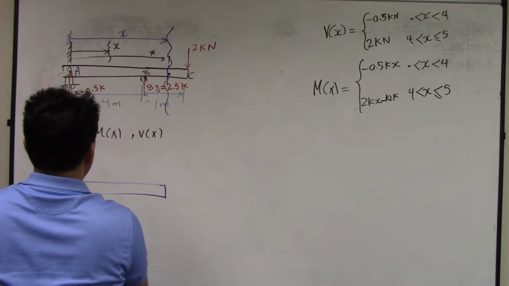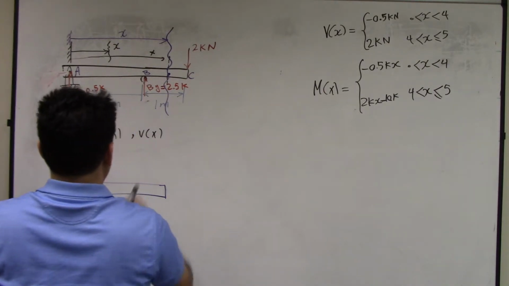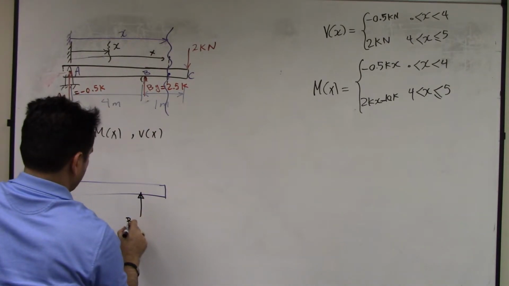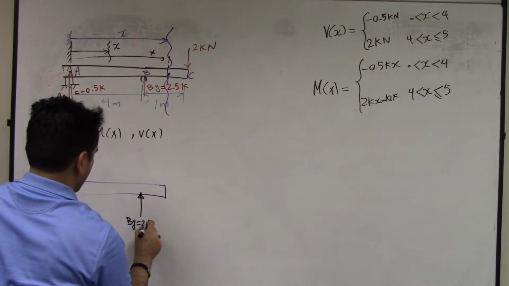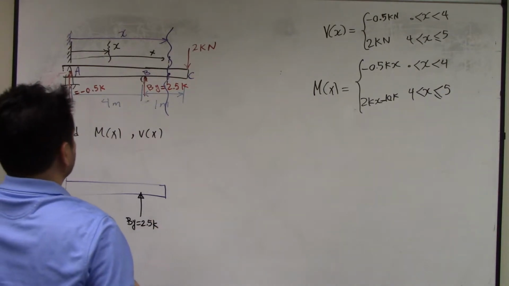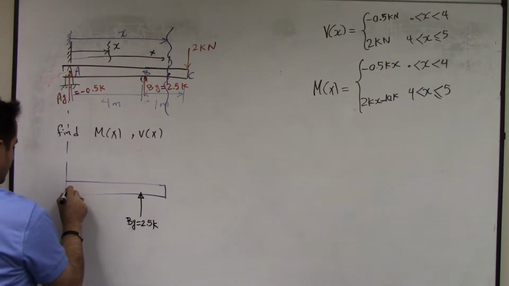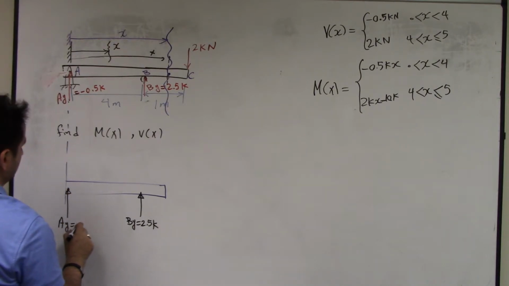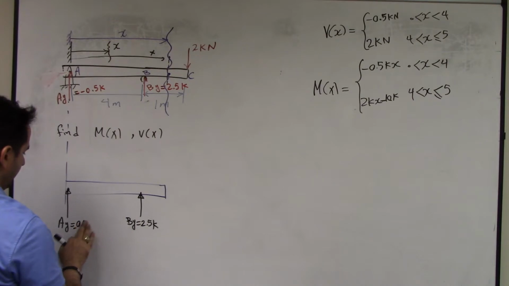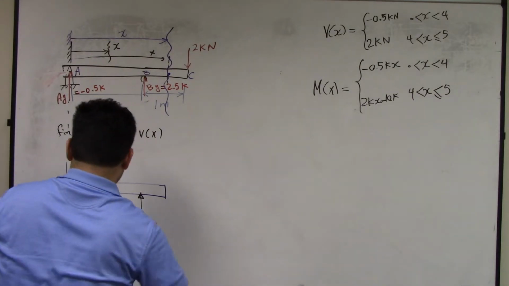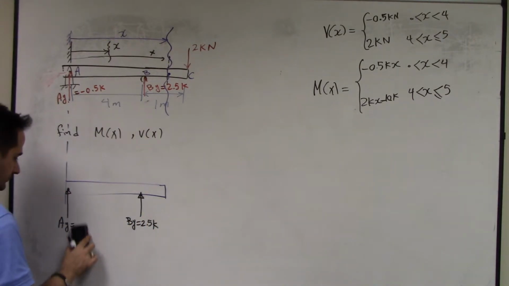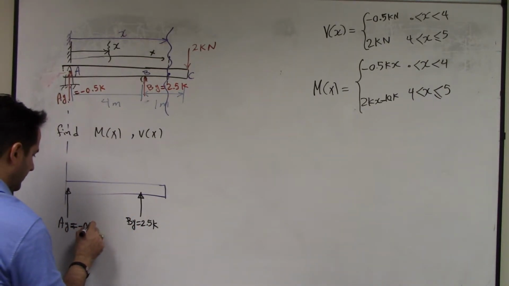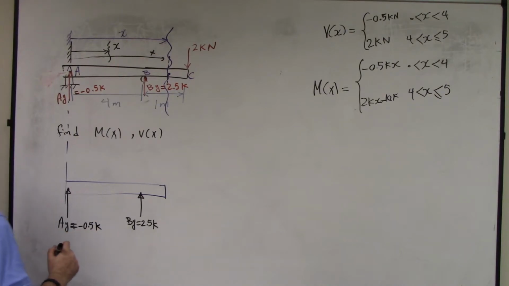So here, if I make the FBD of that part here, you have a By, which is 2.5K, and you have an Ay, which is negative 0.5K.